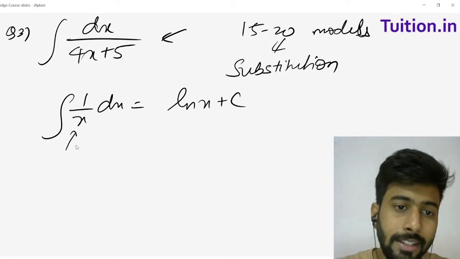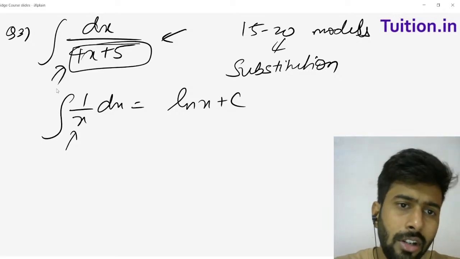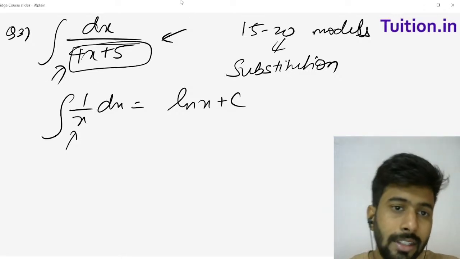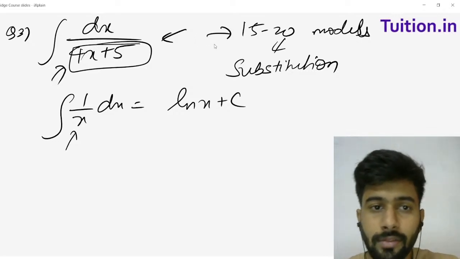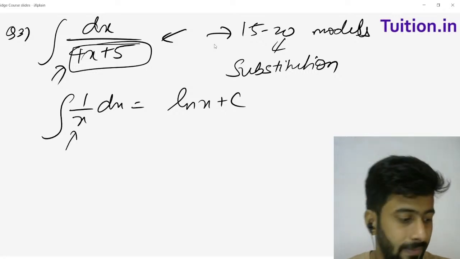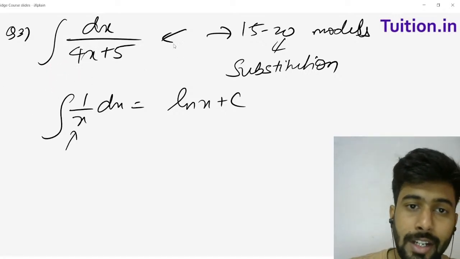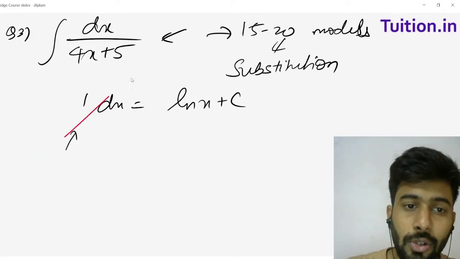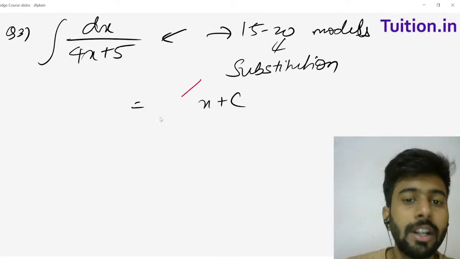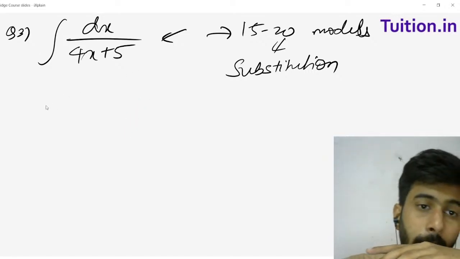But you don't have 1 by x dx, you have 1 by 4x plus 5. Like you have a function of x. So this is actually one of these 15 to 20 models. So right now you are nowhere close to understanding that. So I will just show you a substitution trick to solve a problem like this whenever you come across.